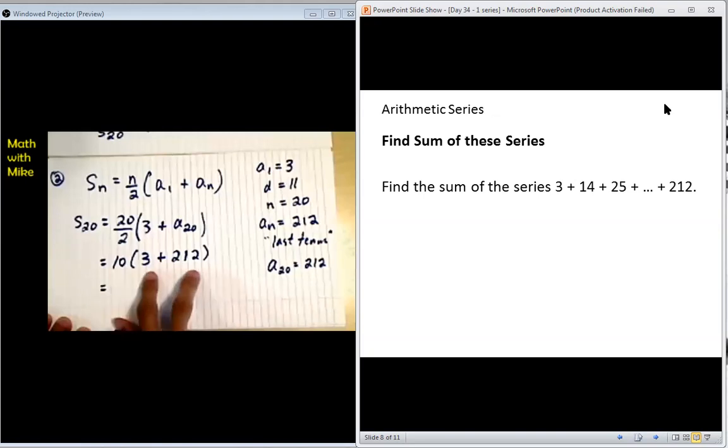You can also do the inside first, and think of it that way. Think of both ways, but do the inside first, because that's the order. You do what's inside the brackets first and then multiply. Which is 215.